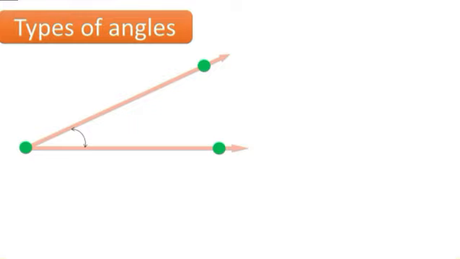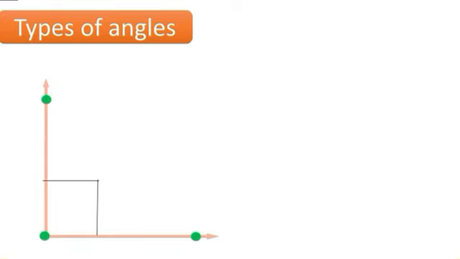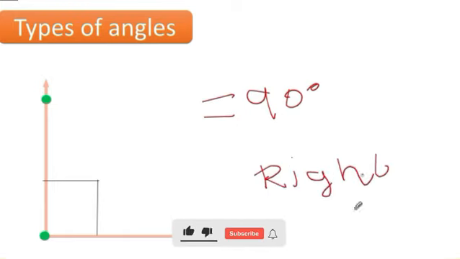So let's move on to the next type of angle. The next type of angle is this. As I told you, this is equal to 90 degrees. These types of angles are called right angles.